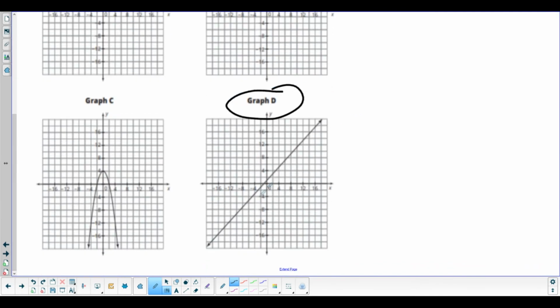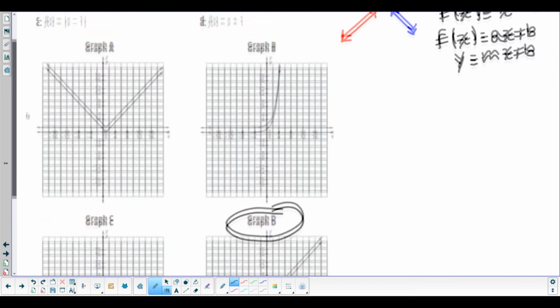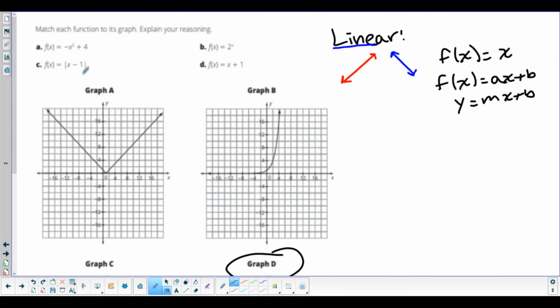But right away I can see that graph D is my linear graph. It's a straight line. Now I have to think about which one of these, A, B, C, or D, represents a linear function. As I scan through the rest, I have to find something that looks like this, ax plus b. A and B could be numbers, or m and b, or whatever.